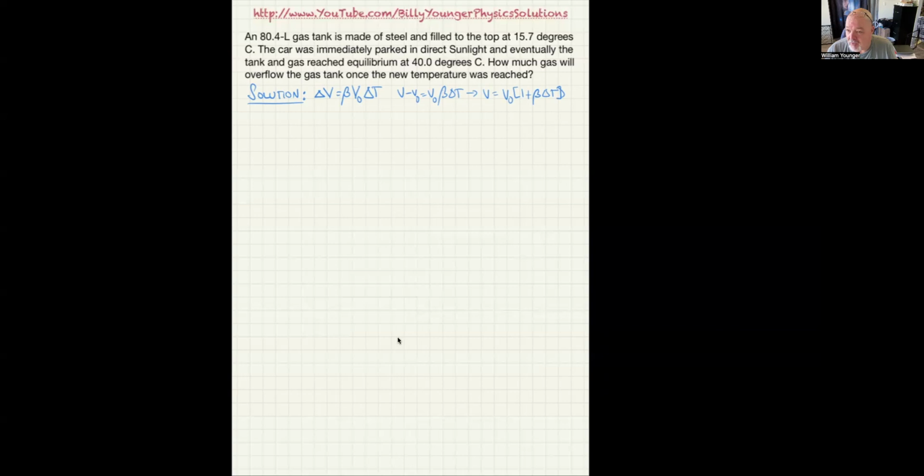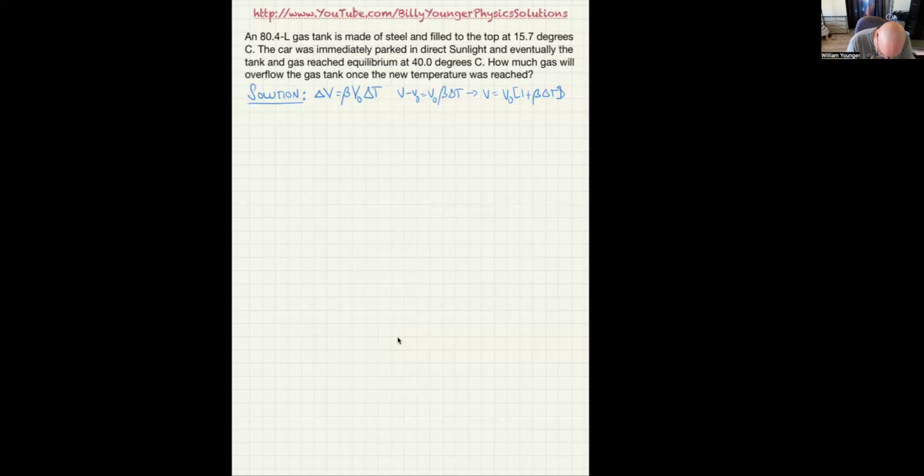But the expansion of the tank will lessen the amount of overflow of the fuel. So we have to do a delta V first for the gas, and then subtract from that the delta V for the tank. In order to do that, I need some figures.